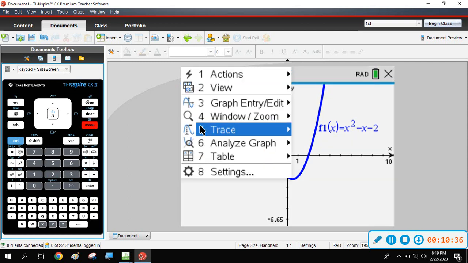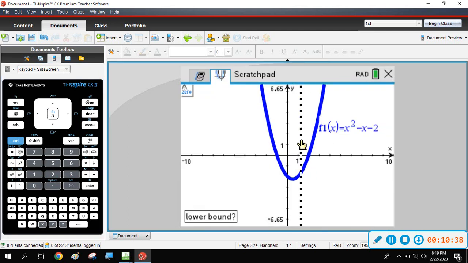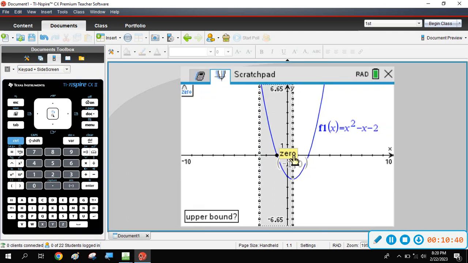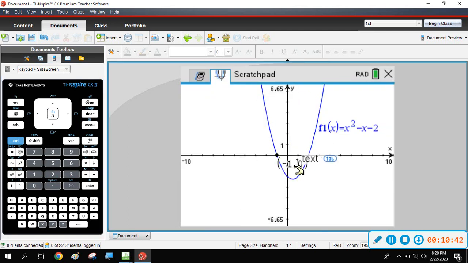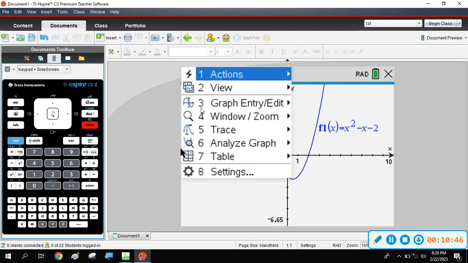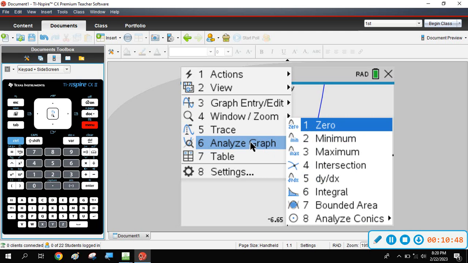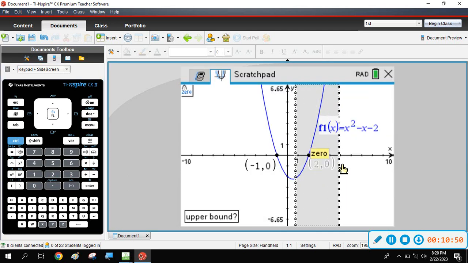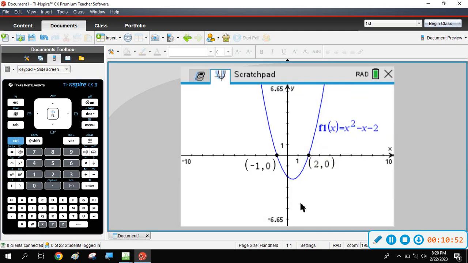Let's see what they are. Menu, analyze graph, 0. Lower bound here, upper bound here. There's one of them. One of the answers right there at -1, 0. I'll do it again. Menu, analyze the graph, 0. Lower bound to the left, upper bound to the right. And so we have 2, 0 as the other one.